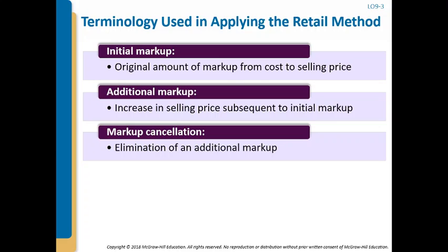And then, as often happens, the price can go up or down from the initial markup. If they increase the selling price subsequent to the initial markup, that is called an additional markup.